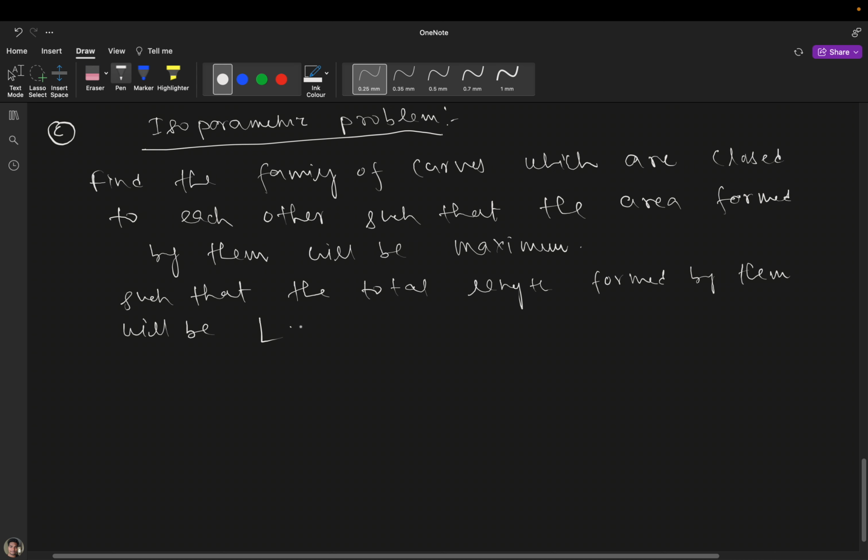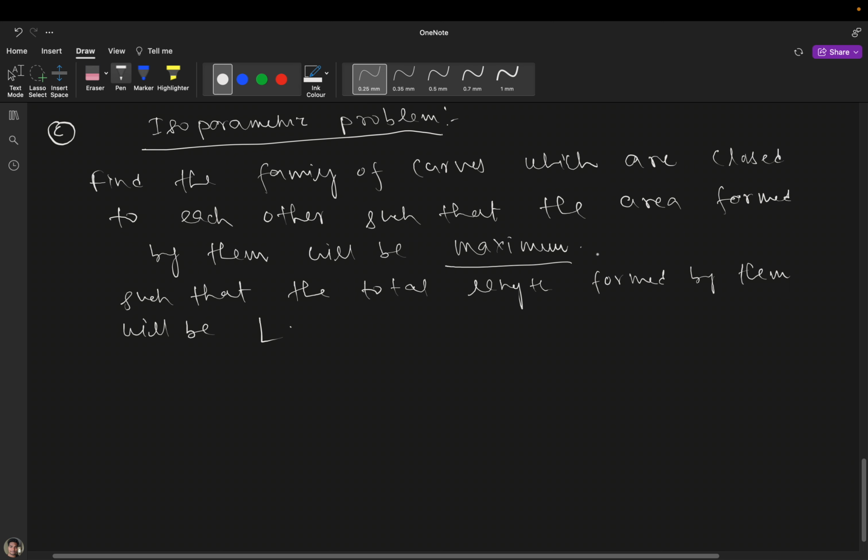What it is saying is: find the family of curves such that when they close to each other, they will form a surface, or you can say an area, and that area should be maximum, and the perimeter should be a constant length.